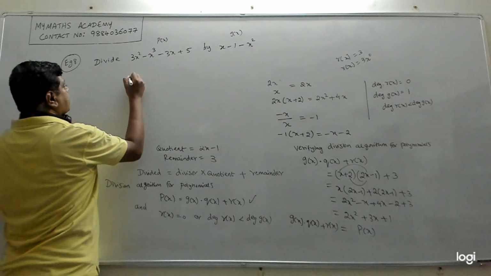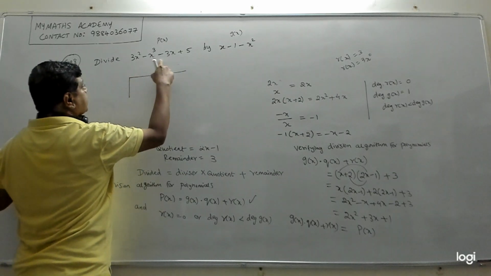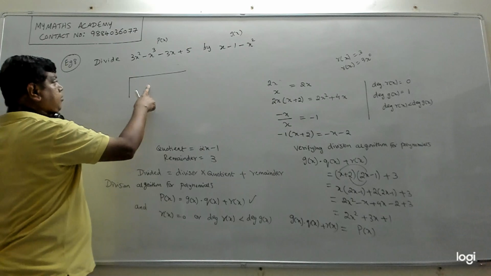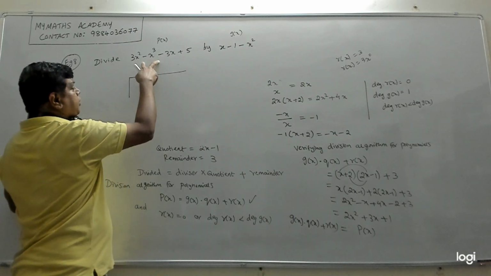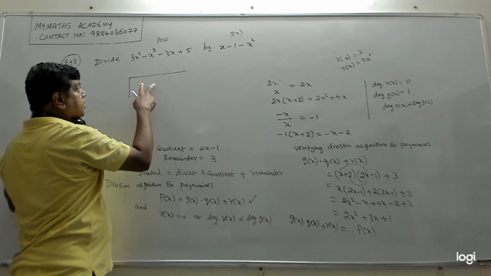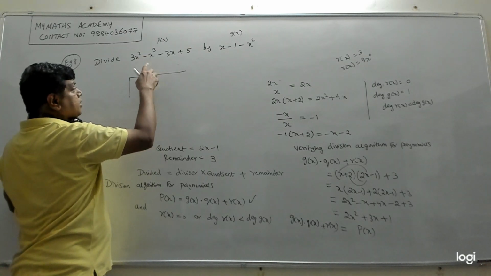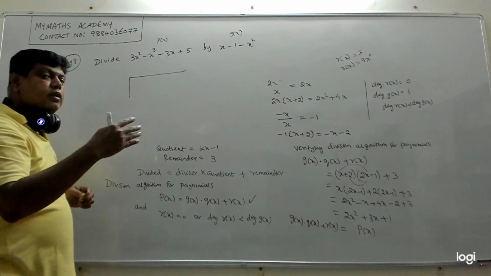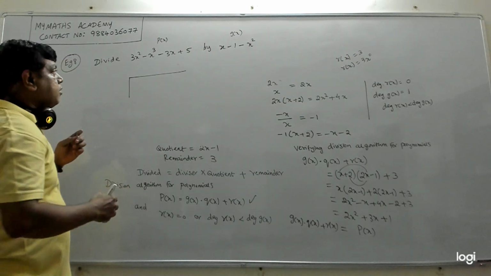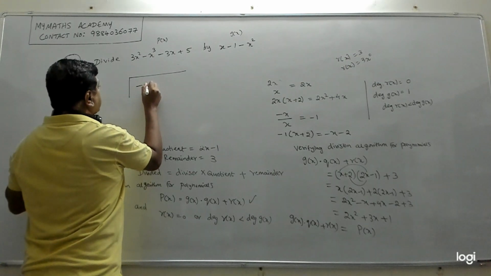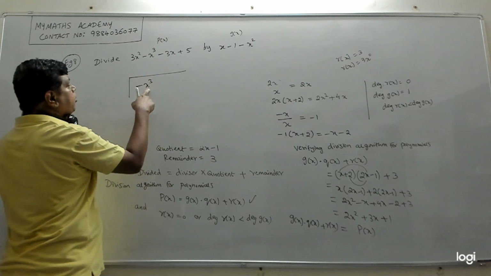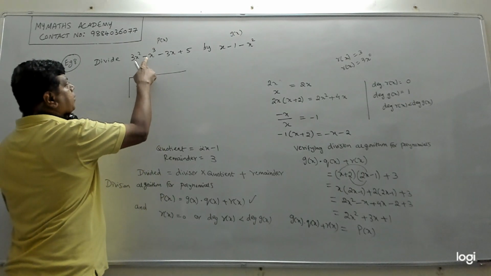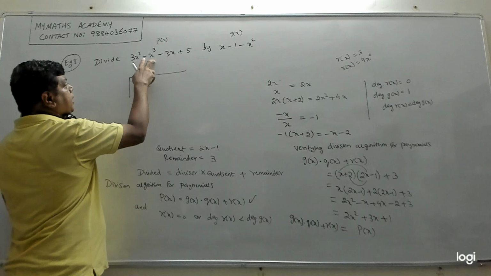So we will write this. I told you, when you are writing this, the divisor will come inside. When you write this, you have to write first the highest power of x, then the next highest, then the next highest. So it should come in decreasing powers of x. So minus x cube. You don't write just x cube, you have to write it along with the minus, because the sign of x cube is minus.